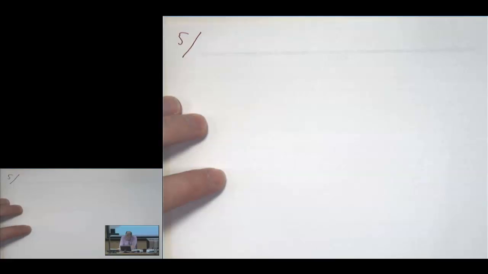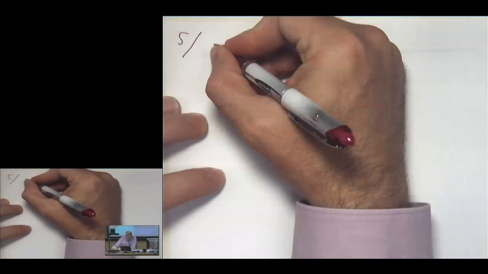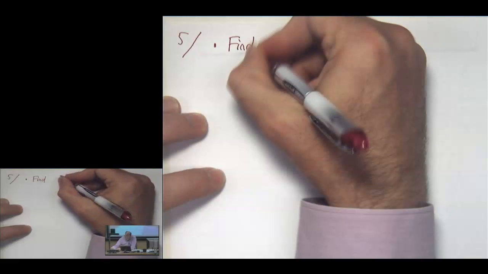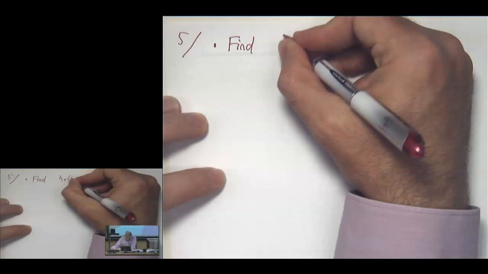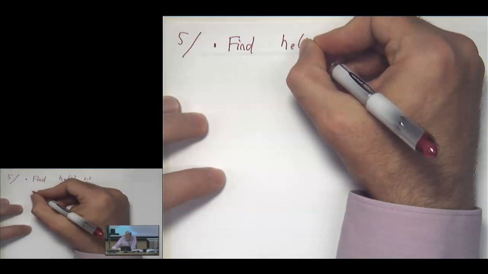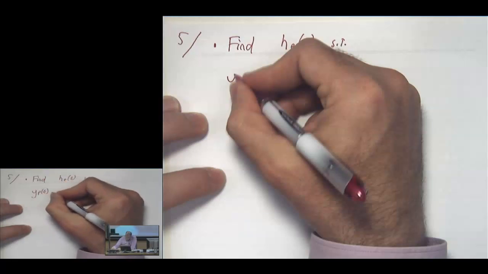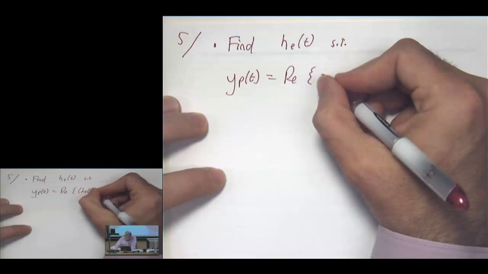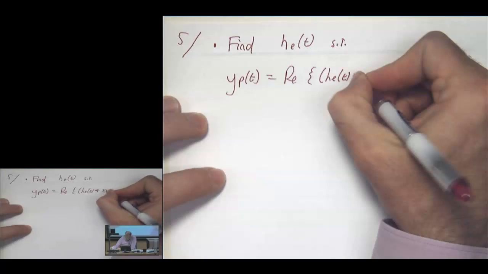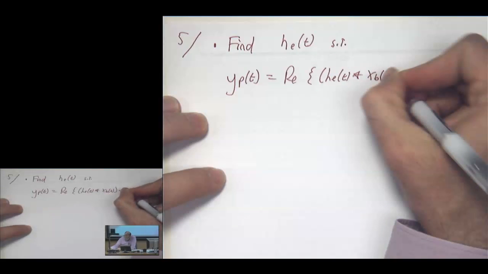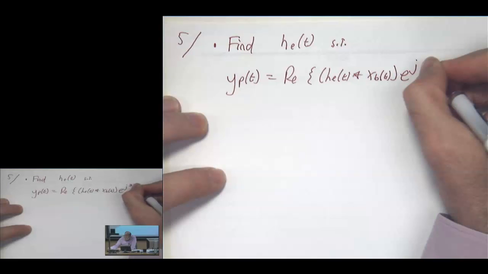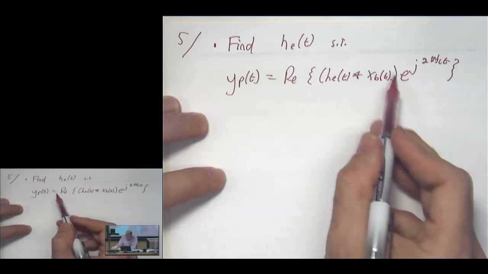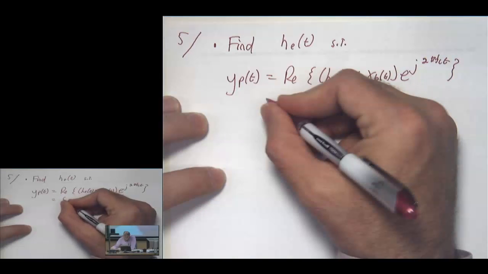We want to find this impulse response, H E of t, such that if I had a passband signal Yp of t, and I took the real part of the convolution between He of t and Xb of t, my baseband signal, and upconverted that, so multiplied by this complex exponential, and took the real of that, I would get effectively this relationship here.